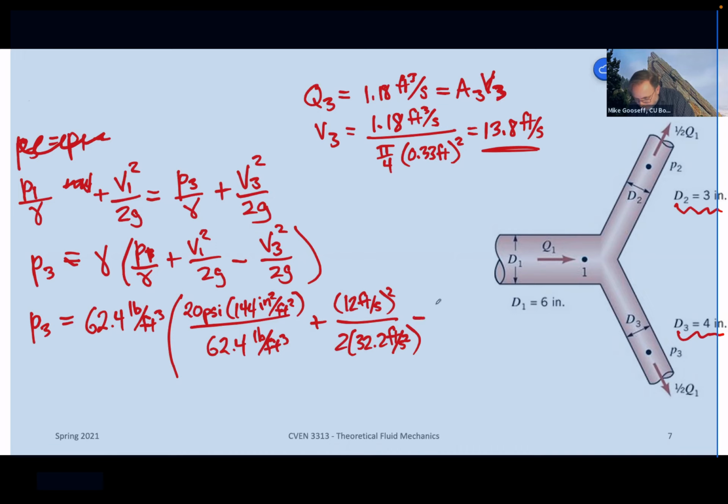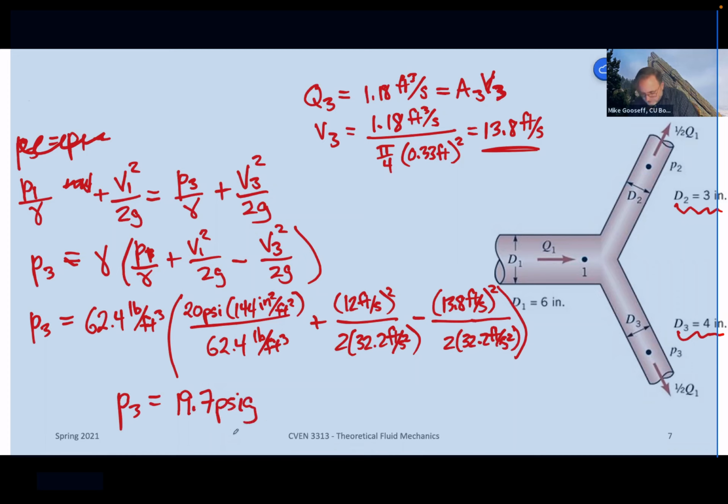And then we subtract V3, 13.8 feet per second quantity squared divided by 2 times 32.2 feet per second squared, and put a bracket on the end of that. And all of this will yield P3 being equal to 19.7 PSI gauge. Again, I'm putting it back into the native units that we were given for P1 and not doing pounds per square foot.